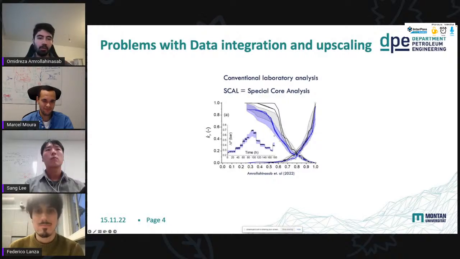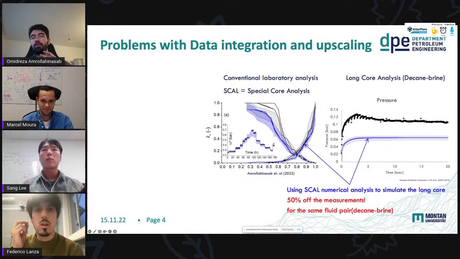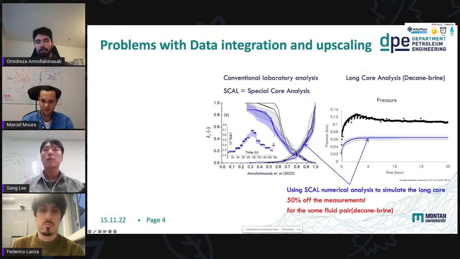We will move through how we came up with this calculation later, but the point that I want to emphasize here is that if we use the same set of calculations that we have from SCAL and try to predict the measurements that we have from the long core, we see that there is a large gap between the predictions and the experimental measurements, about 50%, even though we are using the same fluid pair and the same rock type.